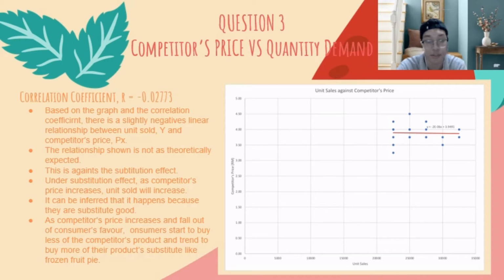Under the substitution effect, as competitors' price increases, units sold will also increase. It can be inferred that it happens because they are substitute goods. As competitors' price increases and falls out of consumers' favor, consumers start to buy less of the competitors' product and tend to buy more of their product substitute like frozen fruit pie.